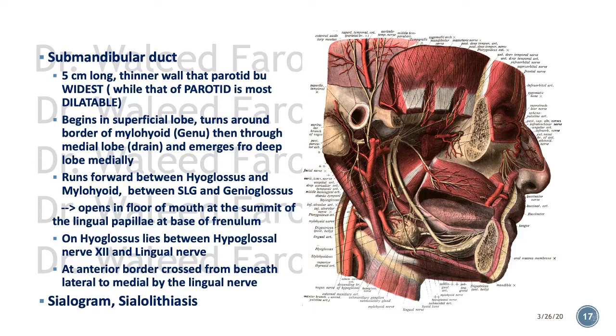The base of that fold is called the frenulum. At the base, if you wipe with gauze, you can see the splashes of saliva coming out of the two openings of the two submandibular ducts, at the summit of the lingual papillae, at the base of the frenulum.